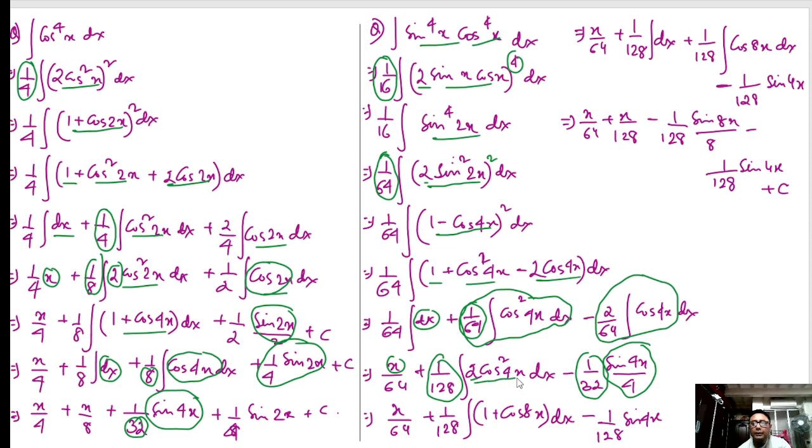Now 2 cos square 4x becomes 1 plus cos 8x, and now integrating separately, 1 is integration of dx and cos 8x integration we will do. Cos 8x is sin 8x by 8, and the rest are already done. So this is the answer of this sum.